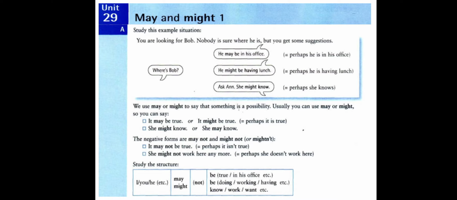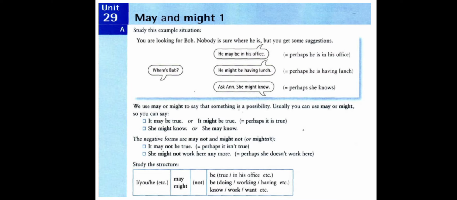But when the person is not sure, the person may use may, and it becomes like this: he may, and is is changed into its base form be. So it becomes like this: he may be in his office.